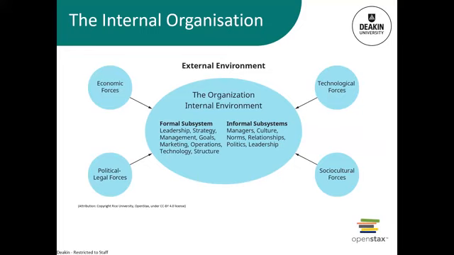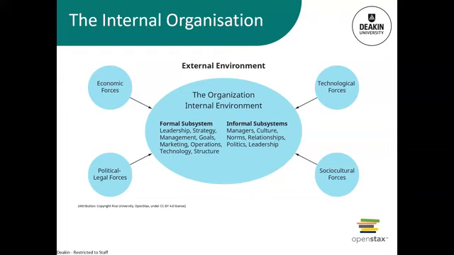So we can break that down further into the formal and informal subsystems of an organisation. The formal subsystems consist of that internal leadership, strategy, marketing, operations, the technology, and so on, just to name a few.